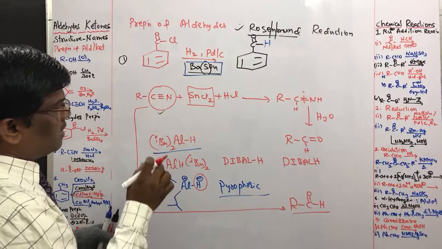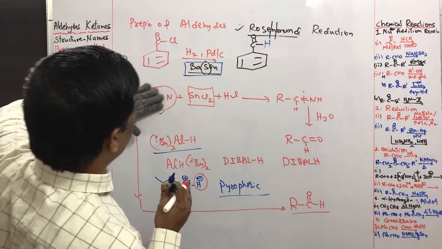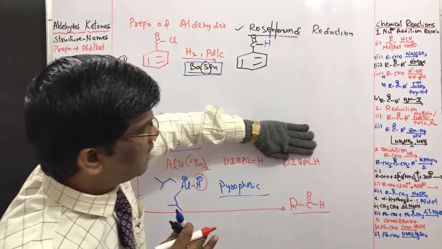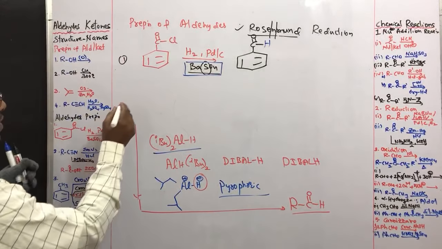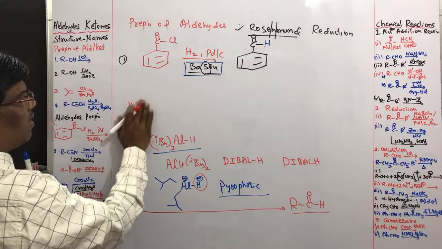And not only this, there is one more category of compounds that DIBAL-H is going to reduce. What is that? It is ester. Ester to aldehyde. I am going to explain carboxylic acids in detail.